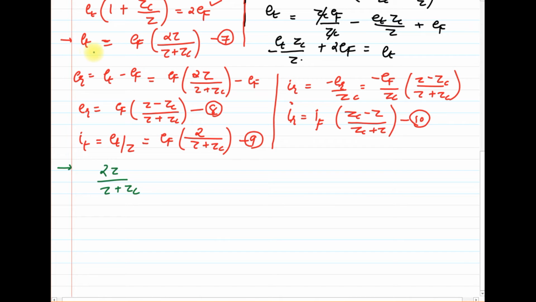ET is equal to the reflected or transmitted voltage. So the coefficient 2Z divided by Z plus ZC, which I said is the reflection coefficient, sorry, not reflected, it is refracted.